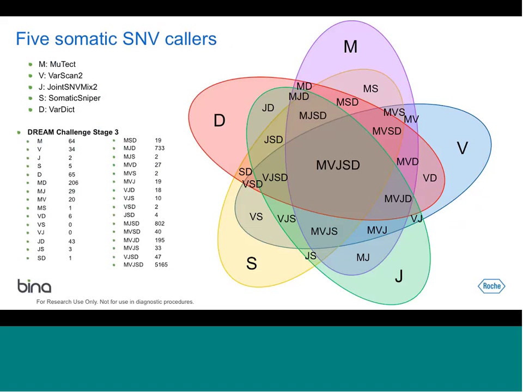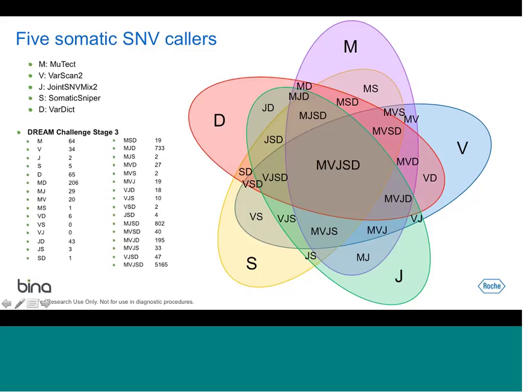In the past few years, there have been developments in many somatic mutation callers. Those are more sophisticated than trying to look for somatic mutations with naive subtract. Some of the tools we have incorporated in our own somatic workflow are, for instance, MuTect, VarScan, JointSNVMix, SomaticSniper, VarDict, and there are a lot more. Each of them will compare the tumor and the normal data simultaneously to determine if a variant is a somatic mutation. This is a Venn diagram for each of those 5 tools, also run on the DREAM Challenge.